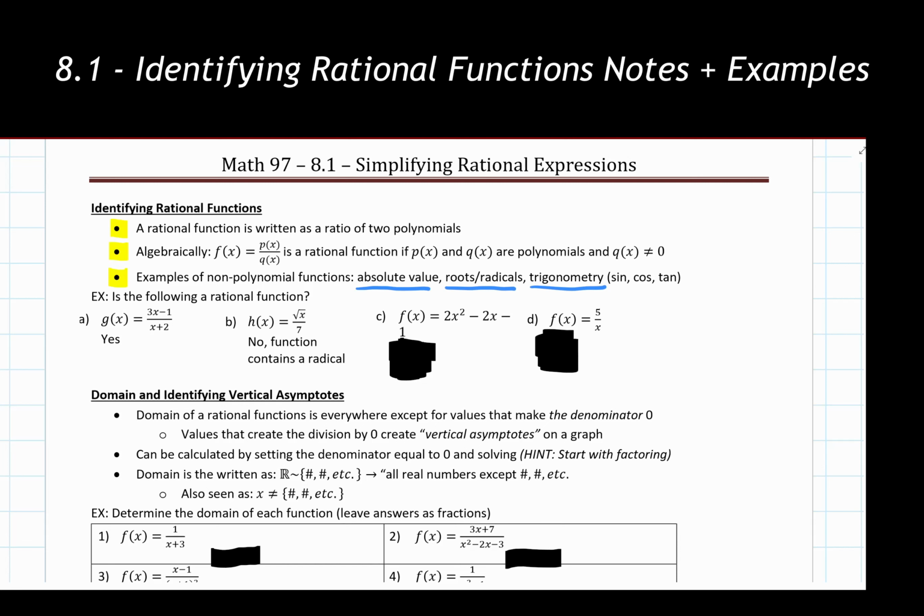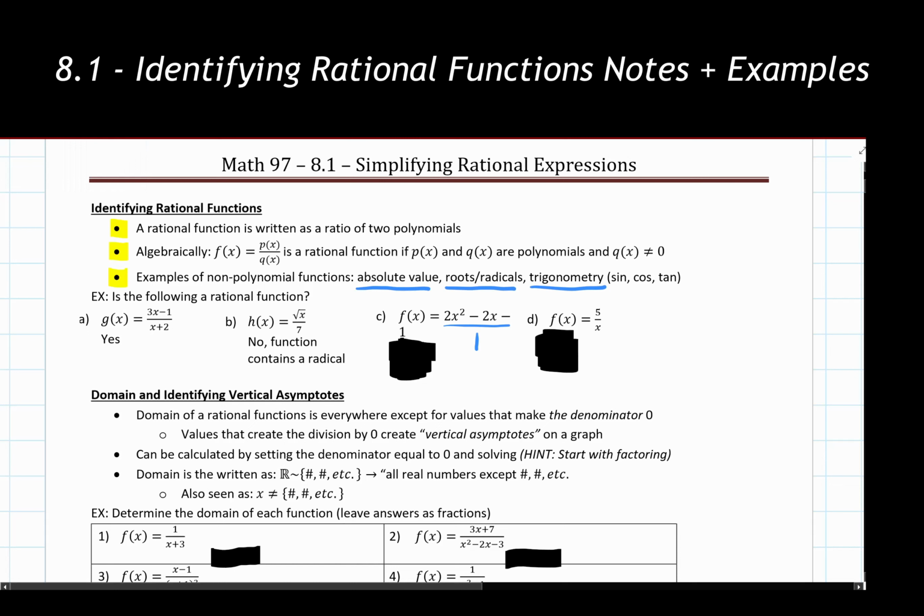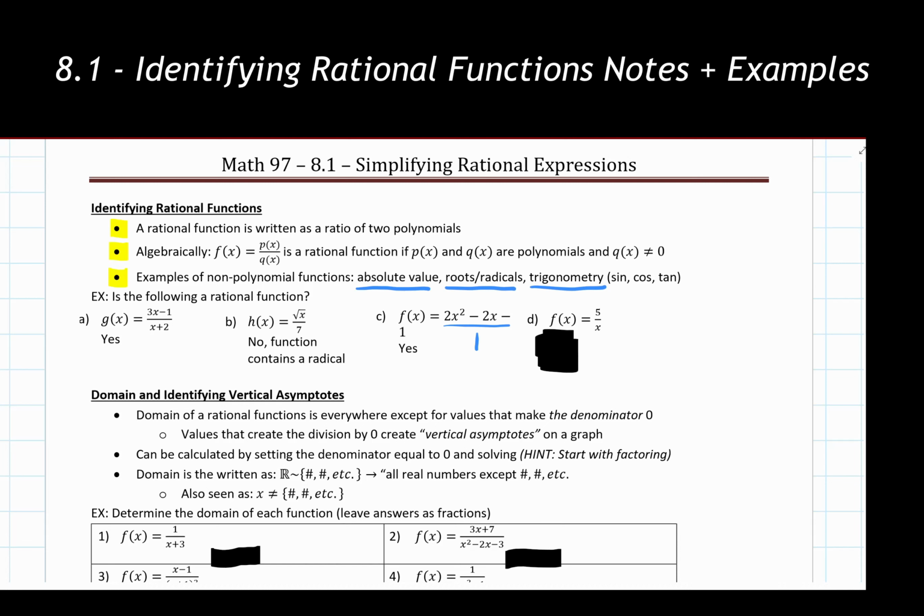So this is actually 2x squared minus 2x minus 1 all over 1. And 1 is a polynomial, therefore this entire function is indeed a rational function.